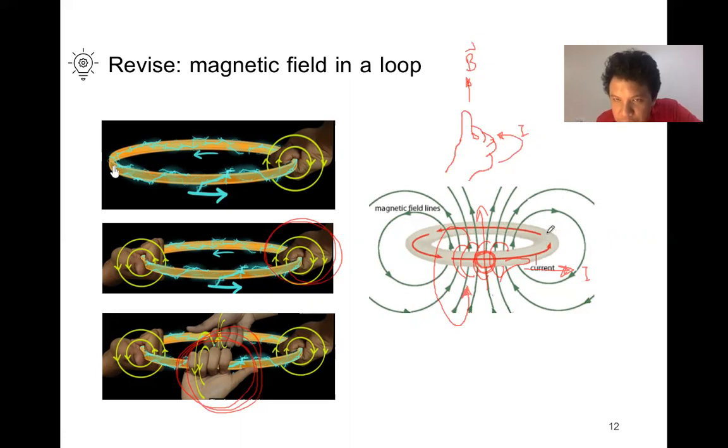But if you consider this point, you are going to have your thumb pointing into the screen, and the direction of your fingers will tell you the direction of the magnetic field. So this is the case of the magnetic field in a loop, which we can use to explain the induced magnetic field.